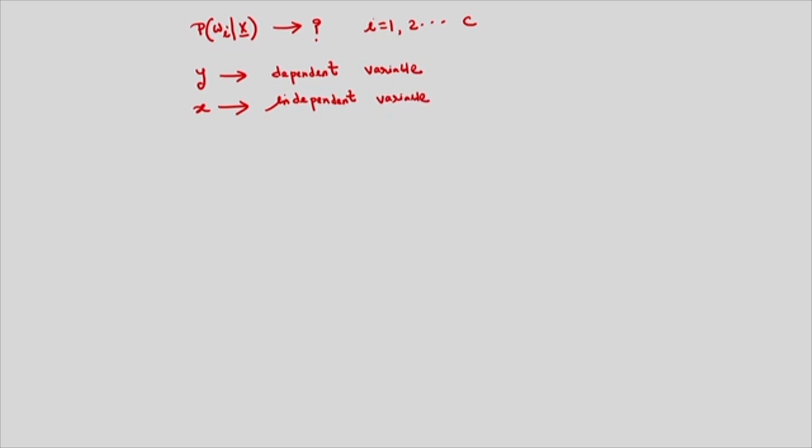So, I have to find the statistical relationship between x and y, and that is the regression. So, if I consider x is a vector, then I will be getting the multiple regression.